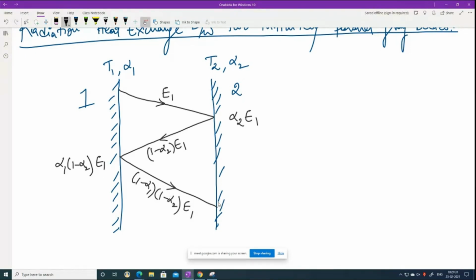This will be emitted. And what will be absorbed here? It is again alpha 2 into 1 minus alpha 1 into 1 minus alpha 2 into E1. So what will be emitted? This whole story will go on, so the same thing we will keep writing.